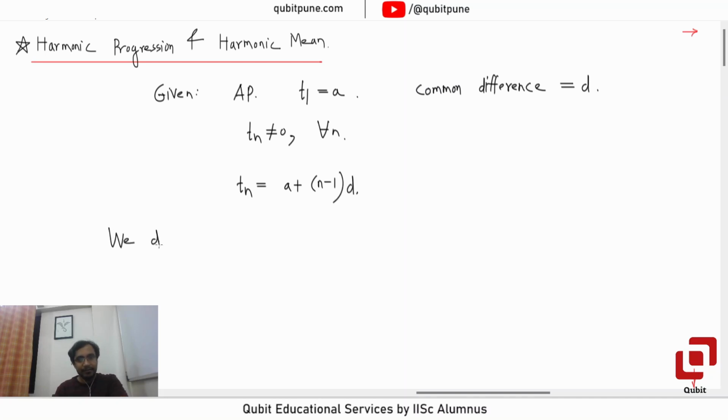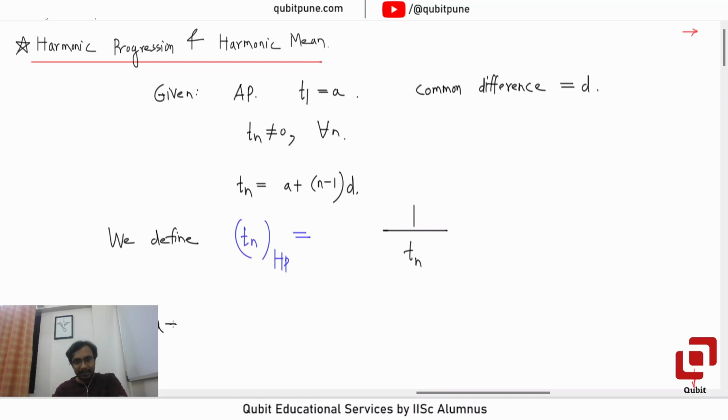We define HP as 1 upon Tn of the corresponding AP.